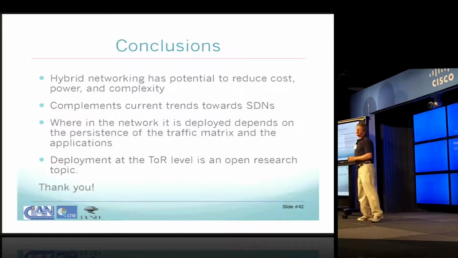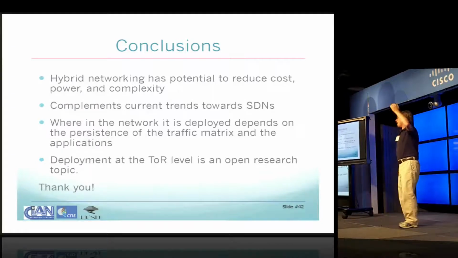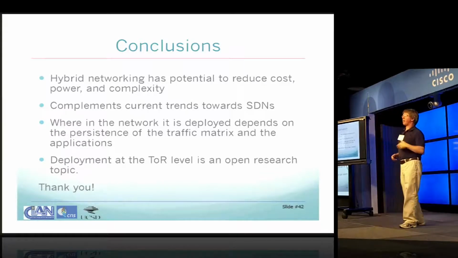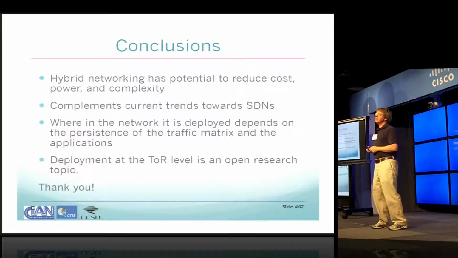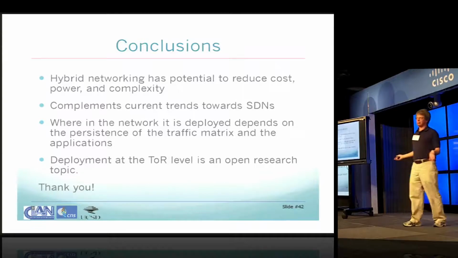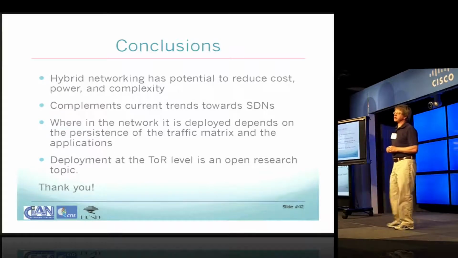Where you deploy it depends on many, many things. If you're way up at the aggregation level, or all the way up at a border router where the traffic is stable enough, you can use commercially available technology right now, because the control plane isn't running any faster than the optical circuit switch is switching.